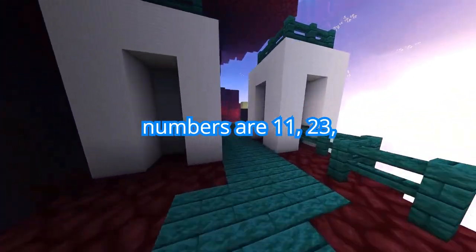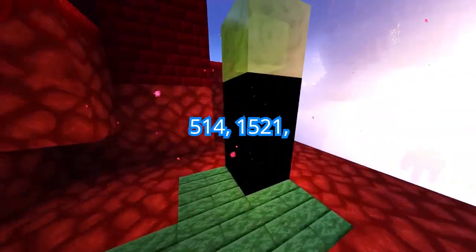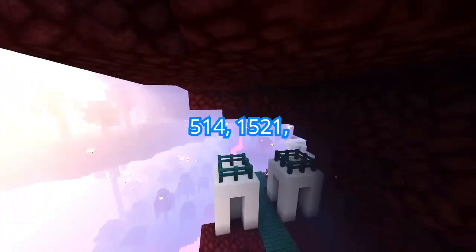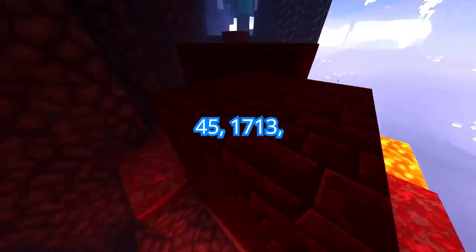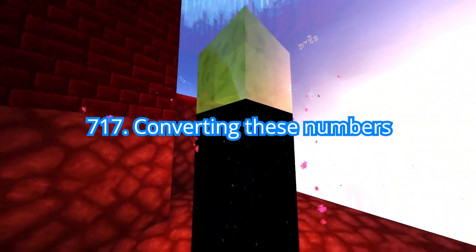The resulting numbers are 11, 23, 5, 14, 15, 21, 4, 5, 17, 13, 7, 17.